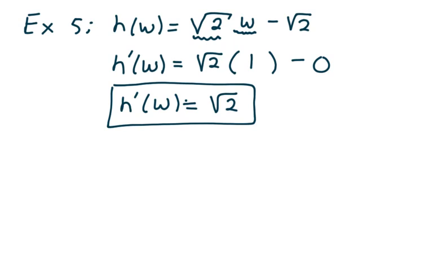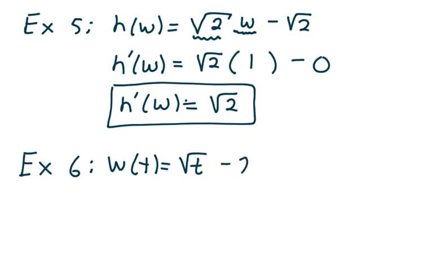If we come over here to example 6, suppose I had w of t is square root of t minus 2e to the t. So w prime of t is, well, if we write it this way, this might help you guys.